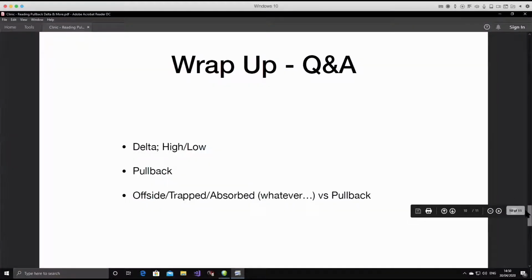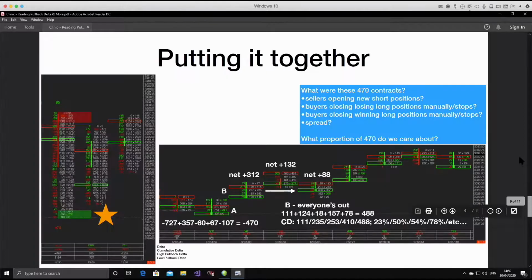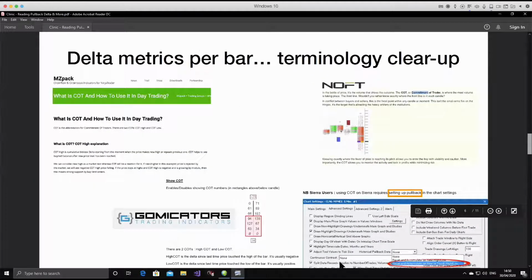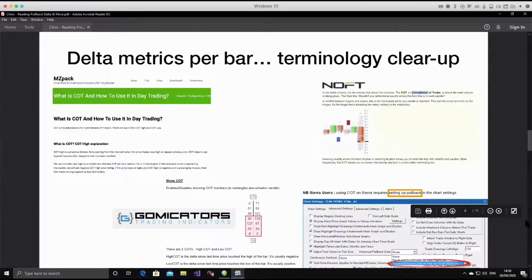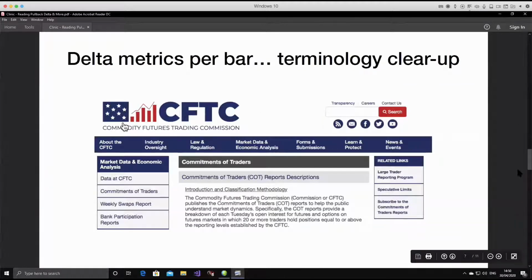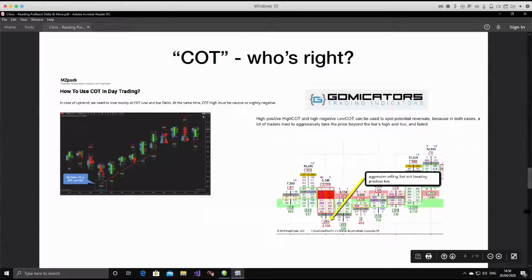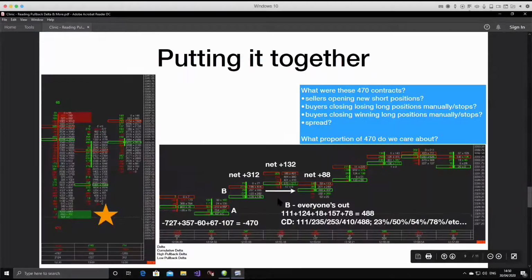Remember, let's go back to the pullback explanation, all charts are wrong. As we are starting to splice the volume up here, a good indication is my example of this pullback delta.